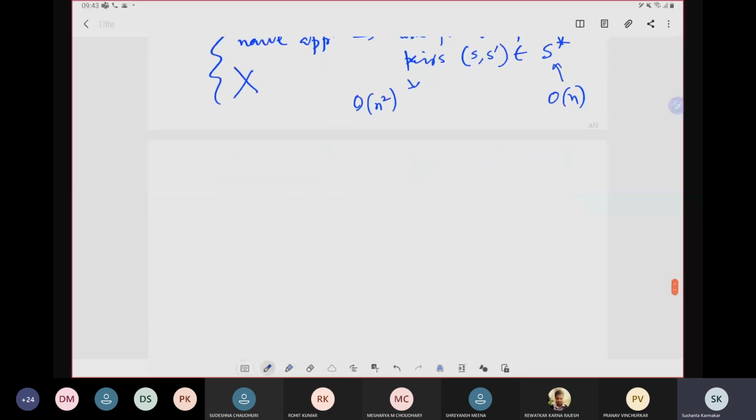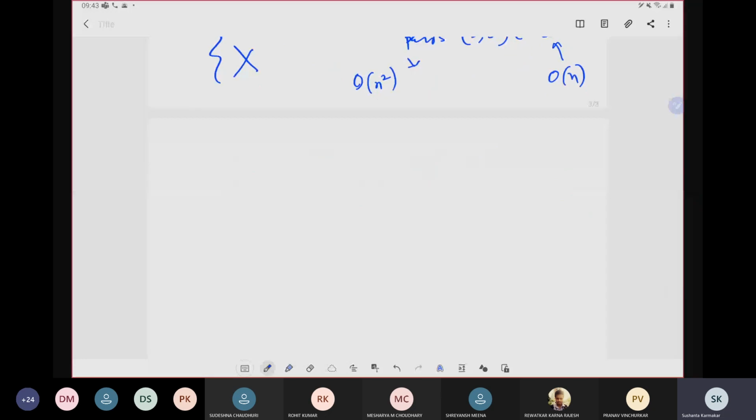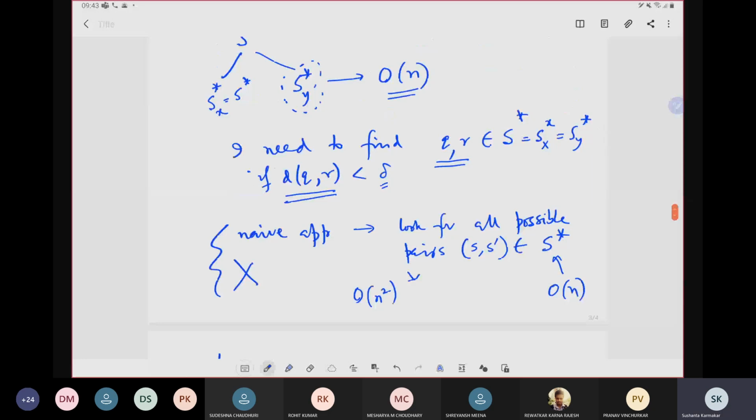So one interesting lemma that helps us here is very important, and we need to prove that. Why does it become n square?